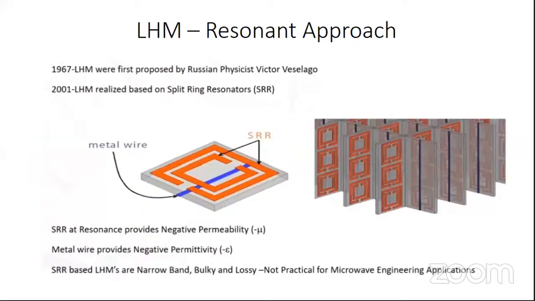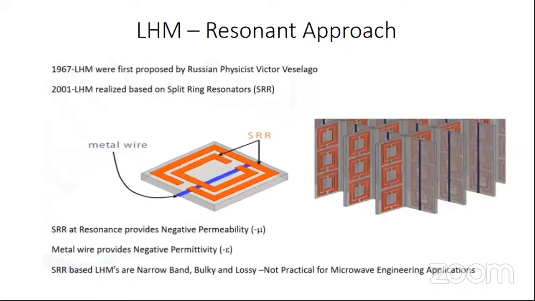One is the resonant approach and the other is the transmission line approach. As I already told you, the resonant approach was proposed by the Russian physicist Veselago, and it was realized by designing split ring resonators.